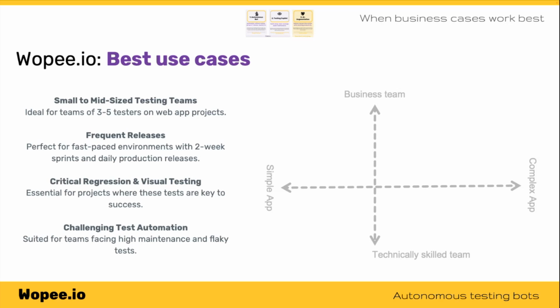I would like to talk about the right side of the slide. So imagine that we would like to split that world into two dimensions. One is the complexity of the app, and the second dimension would be the technical skill set of the existing team.